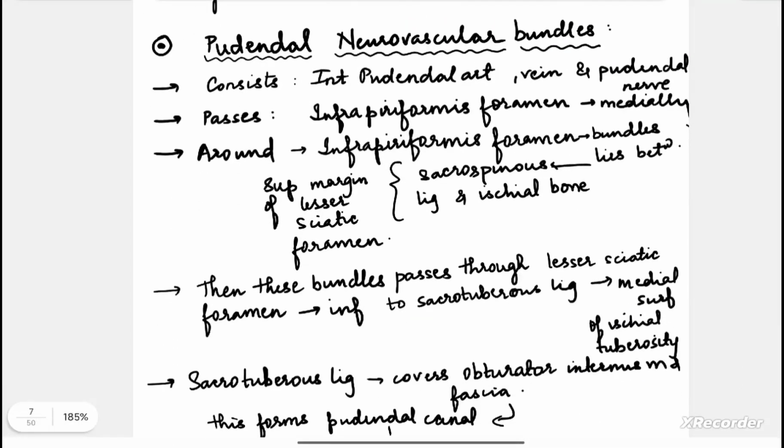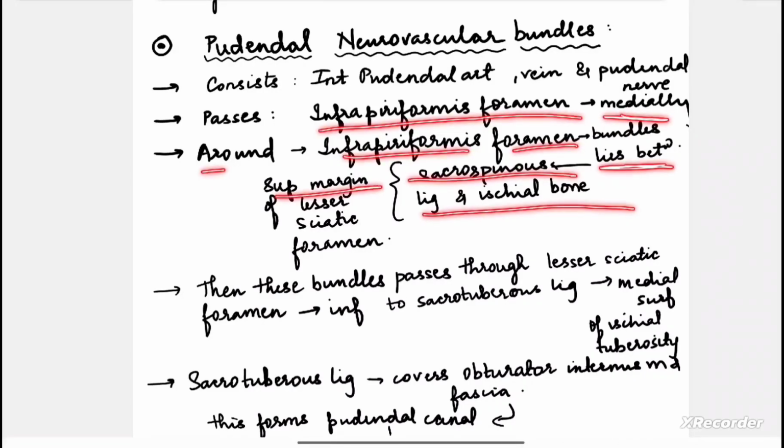Pudendal neurovascular bundle. It consists of the internal pudendal artery, vein and pudendal nerve. It passes from the infrapiriformis foramen medially. Around the infrapiriformis foramen, the bundle lies between the sacrospinous ligament and ischial bone, at the superior margin of the lesser sciatic foramen.